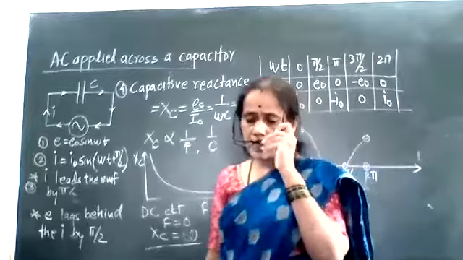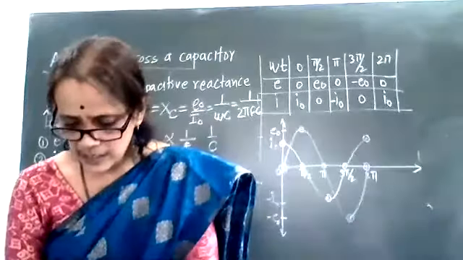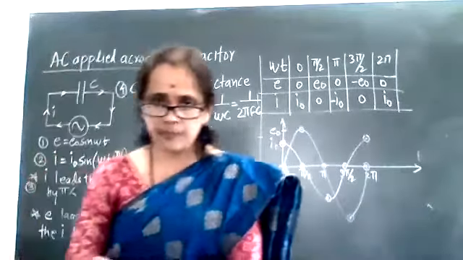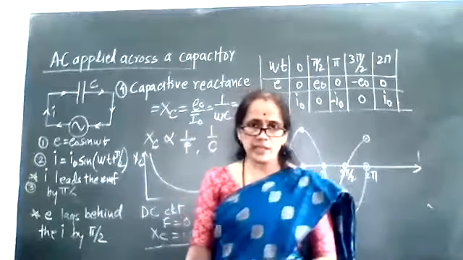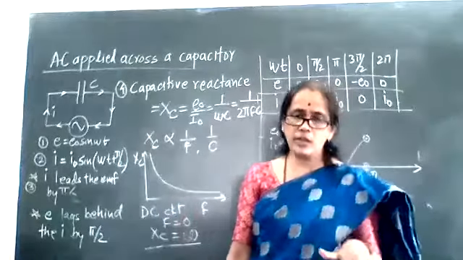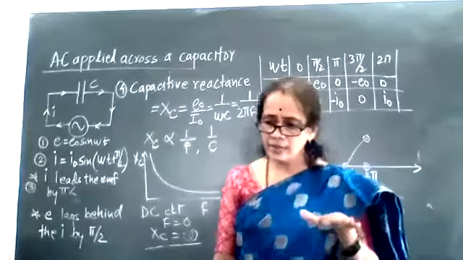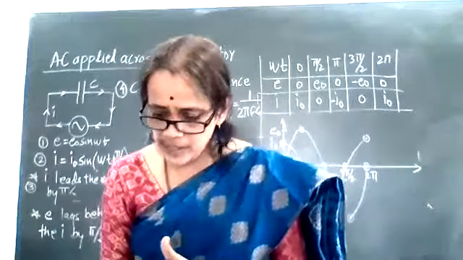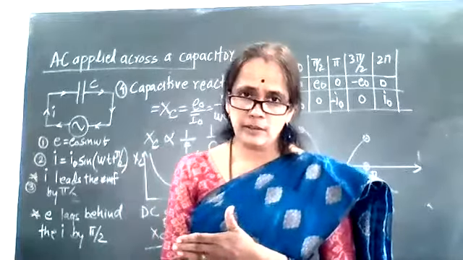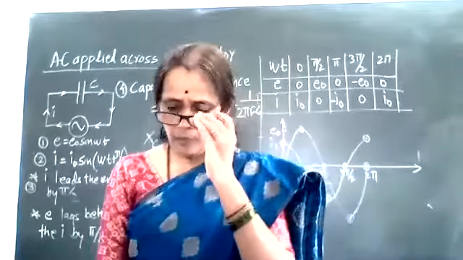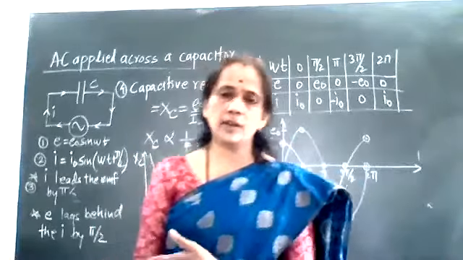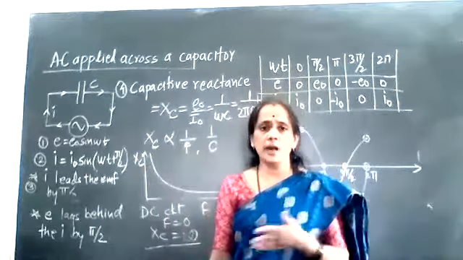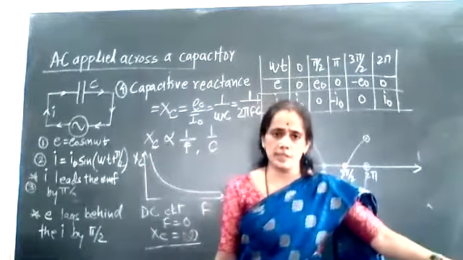So for DC circuit, the capacitive reactance is infinity. Capacitive reactance is infinity means it will block DC. And whenever it is blocking the DC, then it will act as an open circuit. And it will pass your AC current, AC component, but it will block the DC.